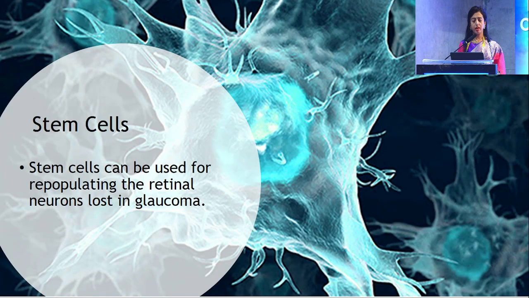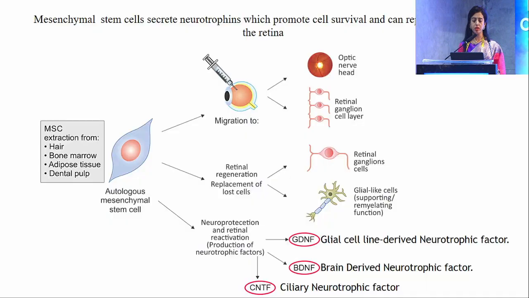The major trials going on now are on stem cells. They can be used for repopulating the retinal neurons that are lost in glaucoma. Stem cells are mainly extracted from hair, bone marrow, adipose tissue, and dental pulp. These are the mesenchymal stem cells, as you can see here. They provide neuroprotection, retinal activation, and produce GDNF, BDNF, and CNTF, which help in neuroprotection.